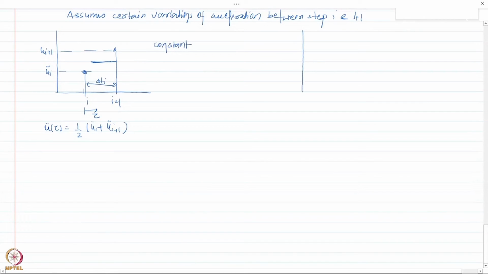In the second set of numerical procedures, let me draw the steps i and i plus 1 here. Basically, a linear variation of acceleration is assumed. So between step i and i plus 1, the acceleration is not constant anymore. It varies linearly from ui double dot to ui plus 1 double dot. Again, this is delta ti, and I represent the time between i and i plus 1 as tau.